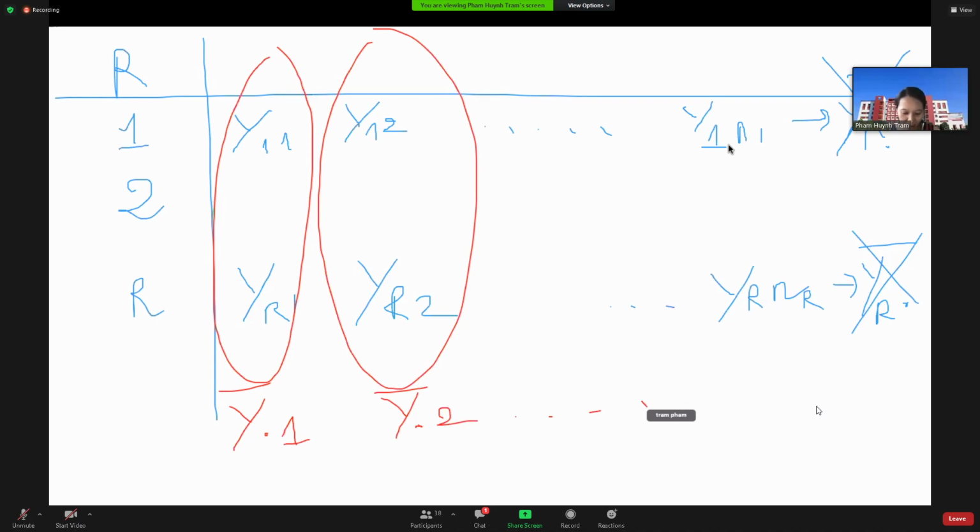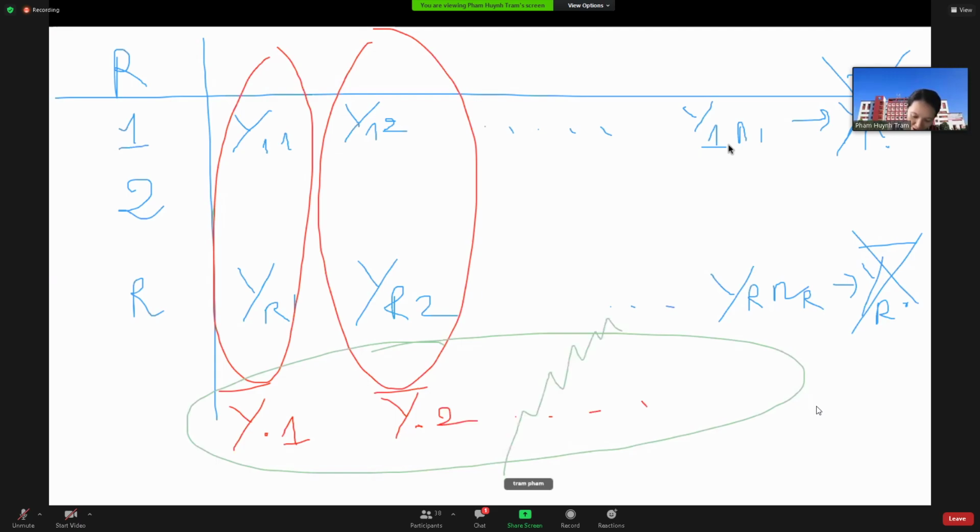Then we plot this on a graph and see when it reaches the steady state. We observe how the average through all the replications, y1, y2, and so on, behaves.